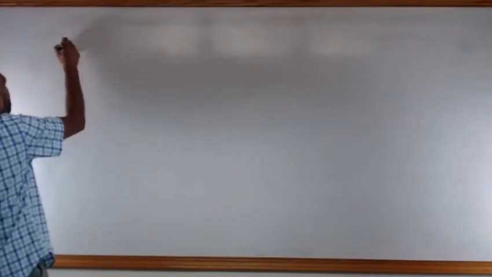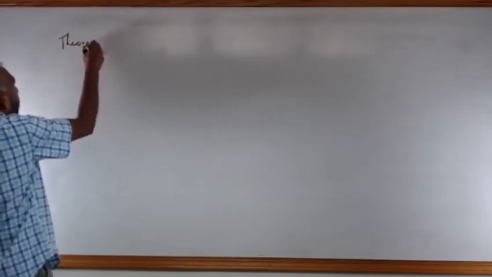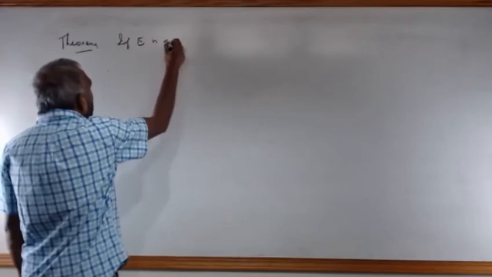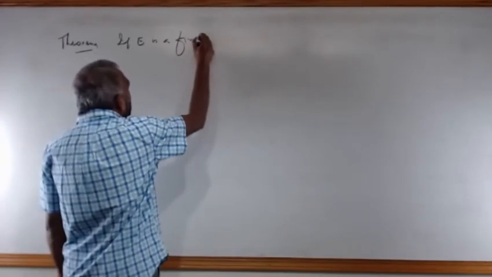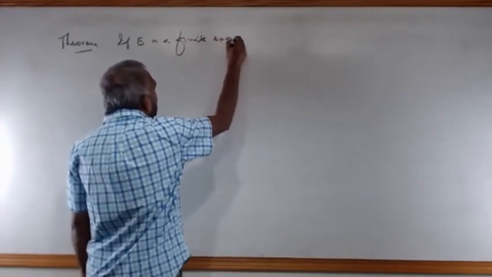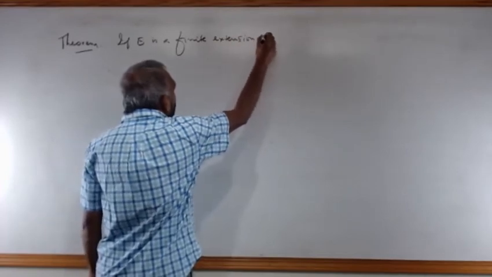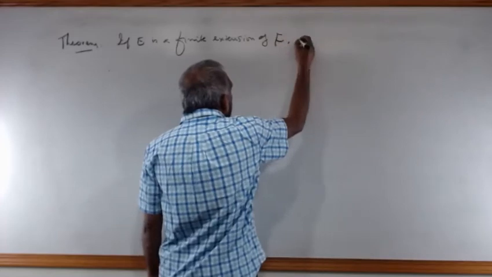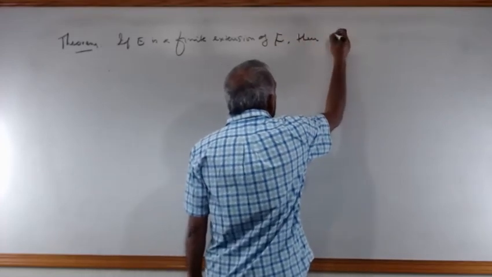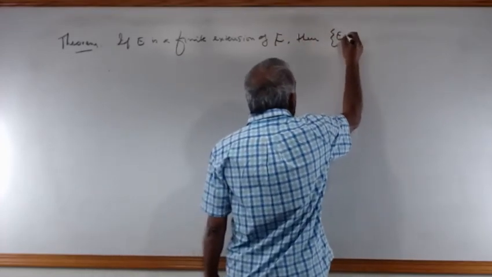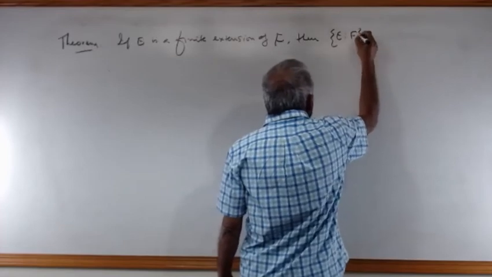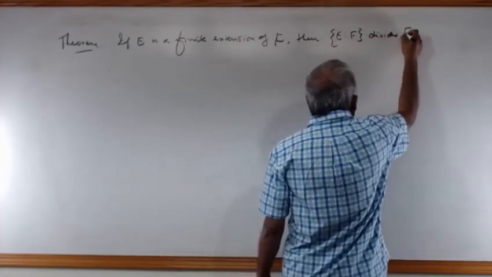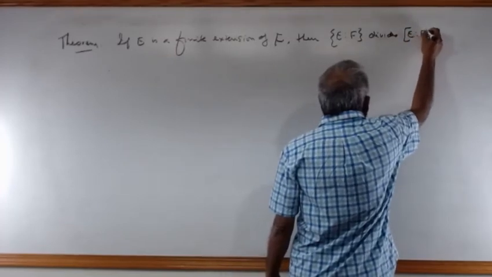The result is: if E is a finite extension of F, then the index of E over F divides the degree of E over F.